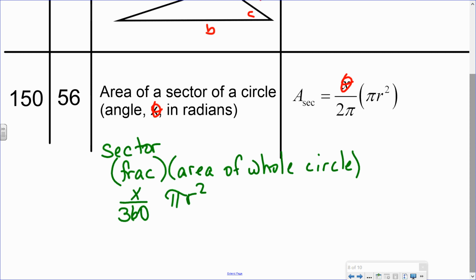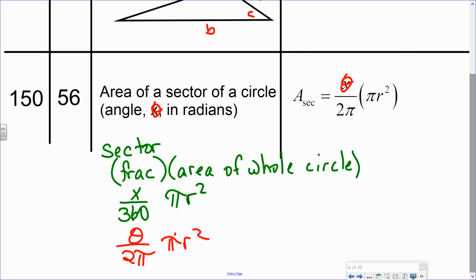If you are given your angle in radians, your fraction is no longer out of 360. How many radians in a whole circle? Come on, people. How many radians in a whole circle? 2 pi. So that's why we can do the theta out of 2 pi times pi r squared.